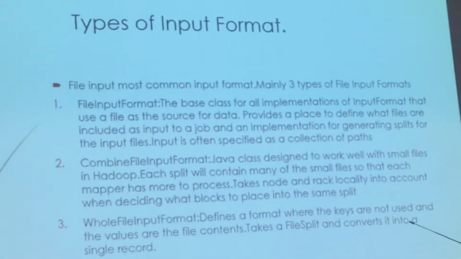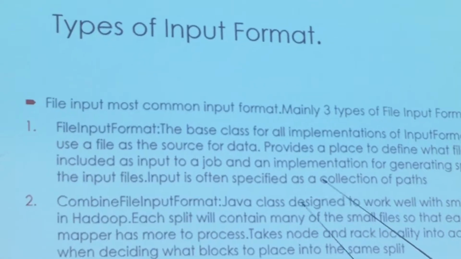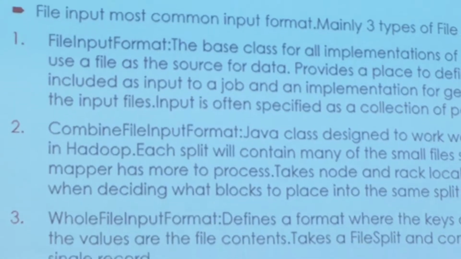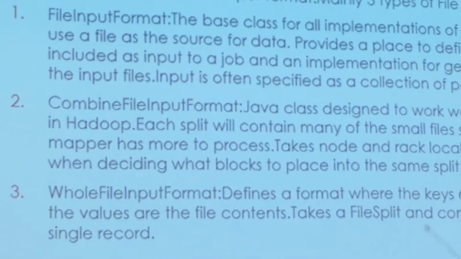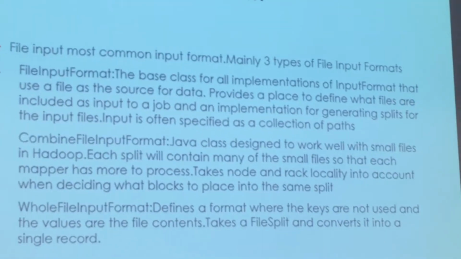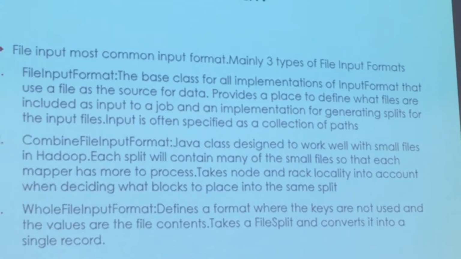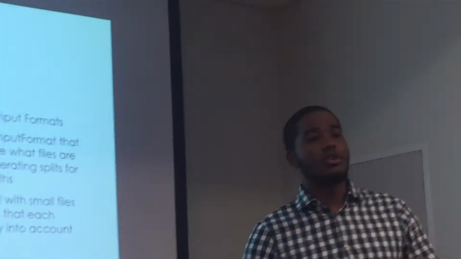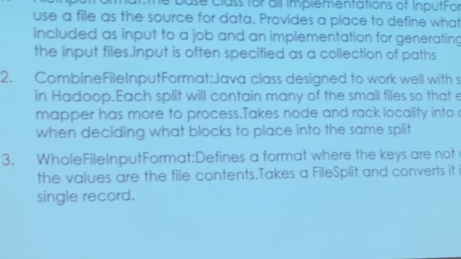So we have three basic types of input formats: file input format, combined file input format, and whole file input format. Your file input format is basically taking each file and running it on its own MapReduce process. Your combined file input format is for when you have multiple small records that don't hold that much memory. Your records are stored on nodes, and your node has a certain memory size.